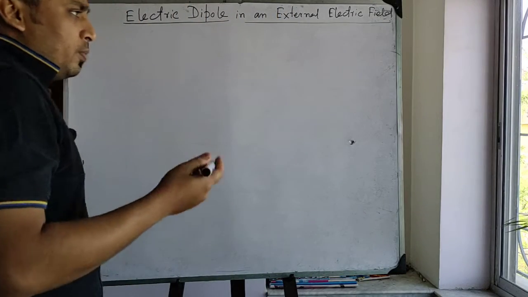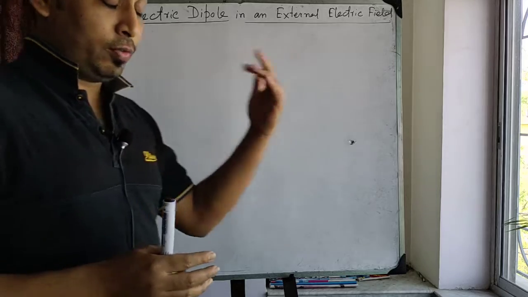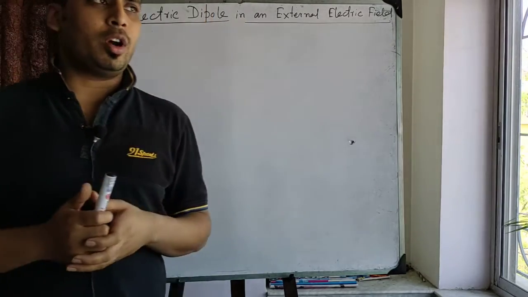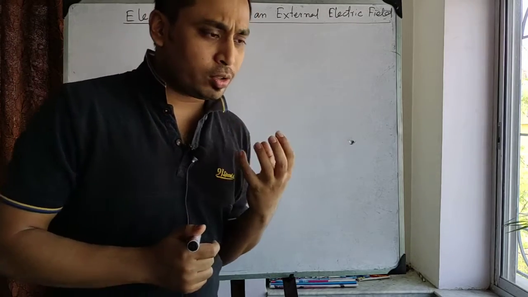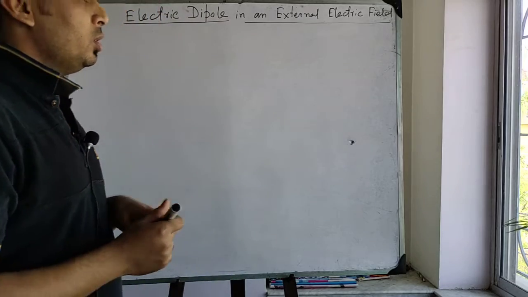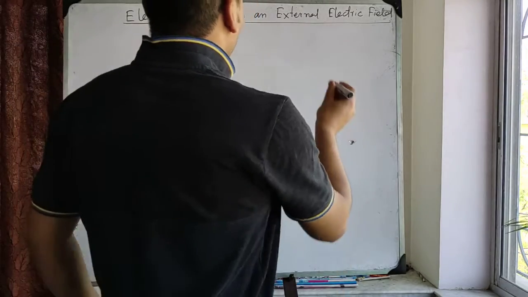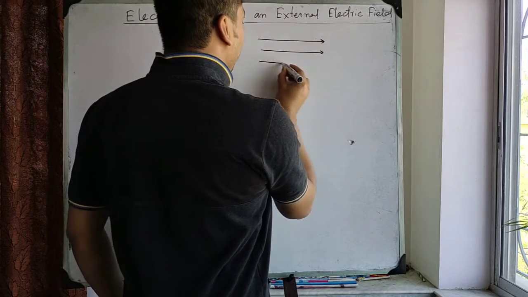First of all, how to represent an electric field? We represent the electric field by drawing some field lines. To represent a uniform electric field, the field lines should be straight and equidistant.